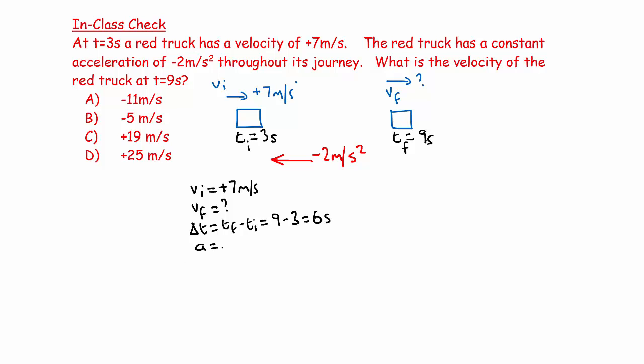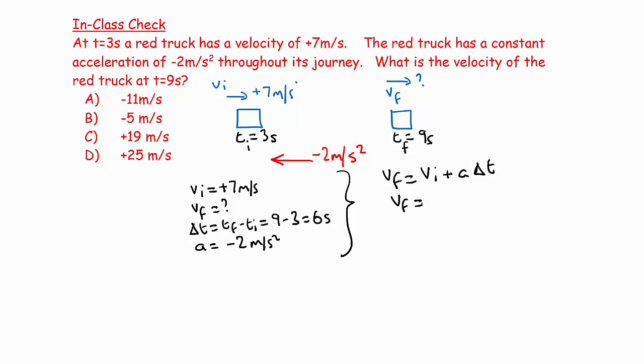And my acceleration is equal to -2 meters per second squared. And I say, let's have a look. VF equals VI plus A delta T. Not such a good teaching example because I'm using exactly the same equation, but at least I'm looking for a different thing.